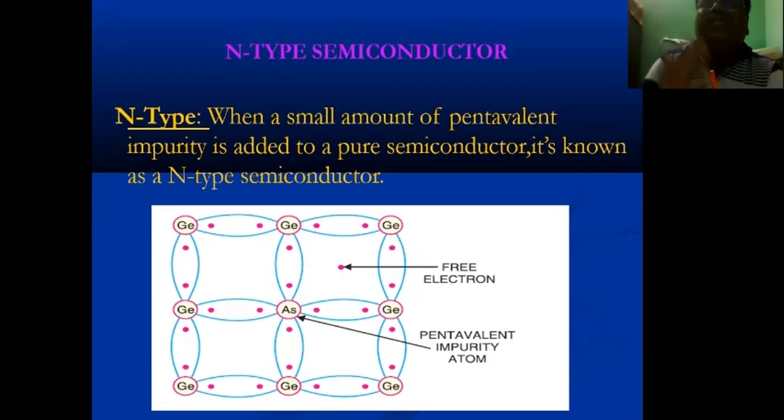That's all. Please remember. When pentavalent impurities are added to a pure semiconductor, it becomes an N-type semiconductor. What about the P-type semiconductor? Let us see next.